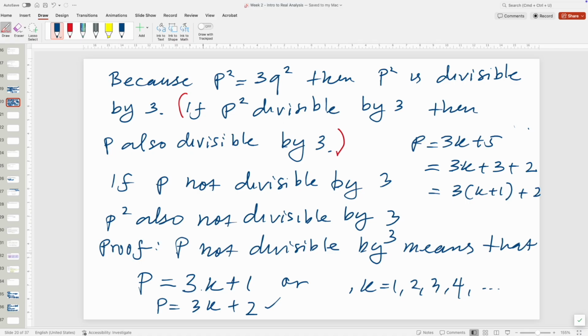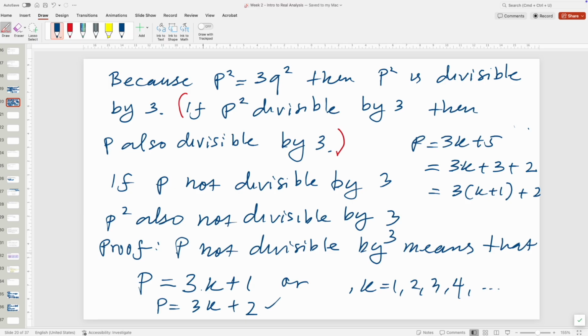Pick any number that is not divisible by 3. 19, what is the remainder? 19 divided by 3, the remainder is 1. 17, what is the remainder? 2. Any number you pick, the remainder is always 1 or 2, right?